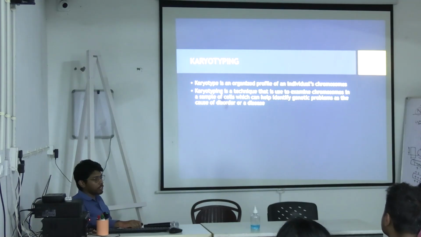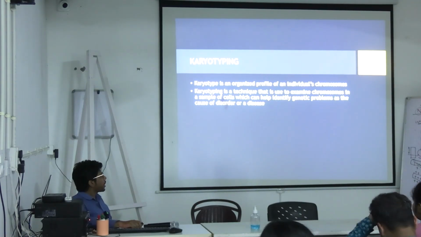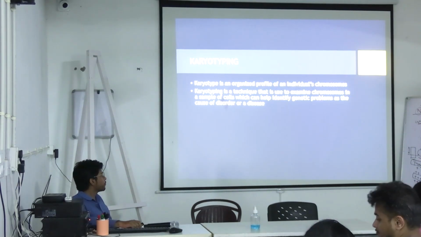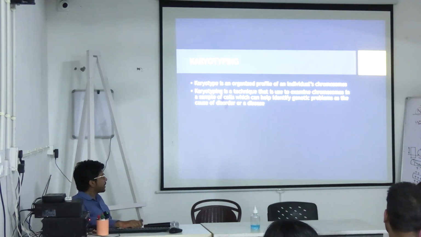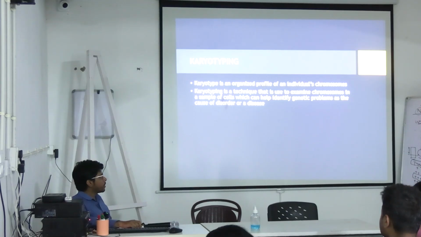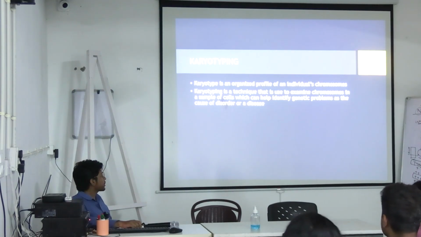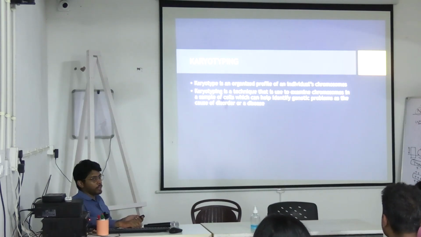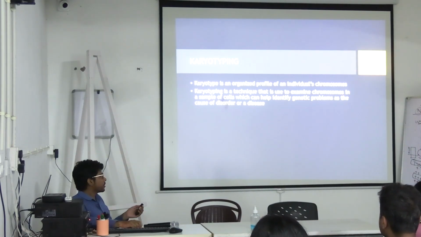What is karyotyping? Karyotyping is the profile of an individual's chromosomes. It is a technique to examine the chromosomes in a sample of cells which can identify genetic problems like these syndromes.